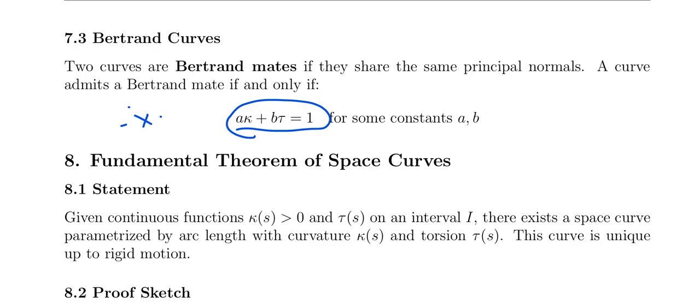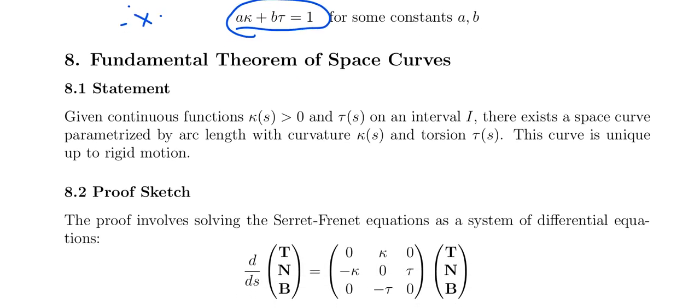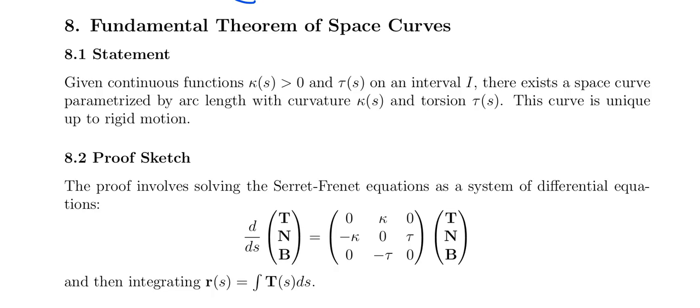And the fundamental theorem of space curves, we have already seen this: given continuous functions, the curvature k of s greater than 0 and tau of s on an interval I, there exists a space curve parameterized by arc length with curvature k of s and torsion tau of s. This curve is unique up to rigid motion.